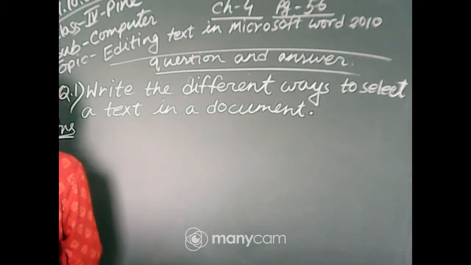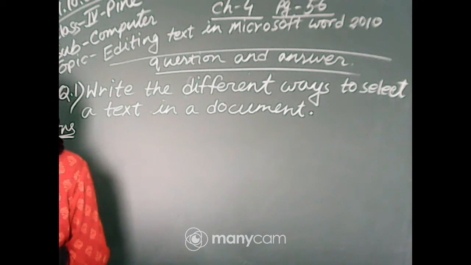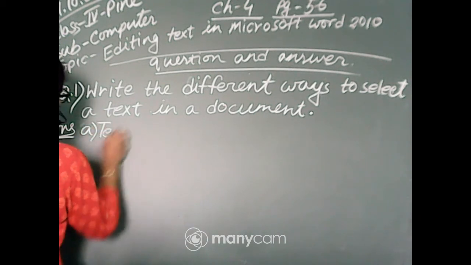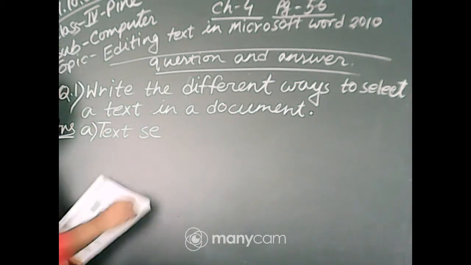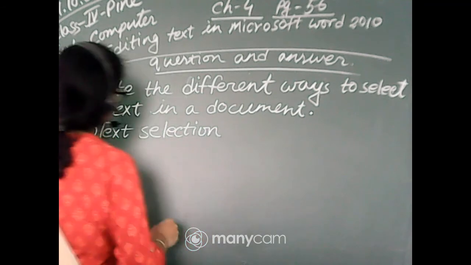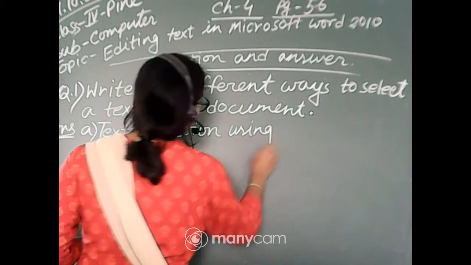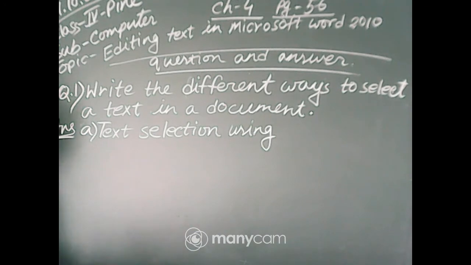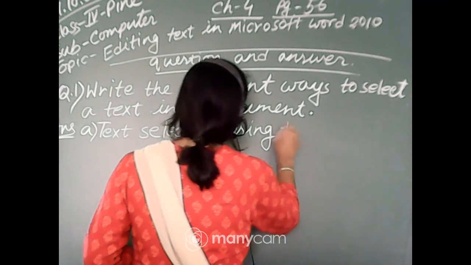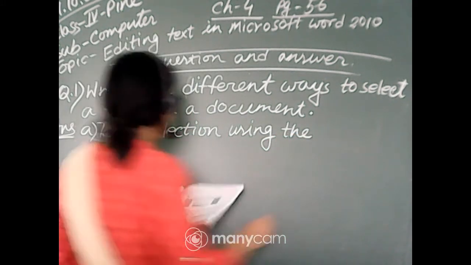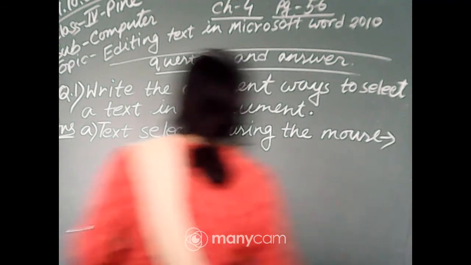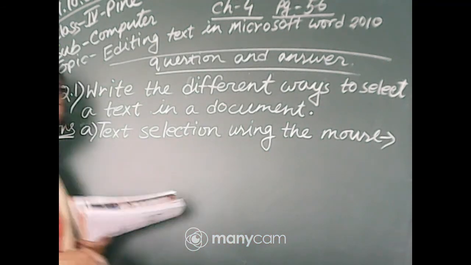First, A, text selection using the mouse. How to select the text using the mouse?